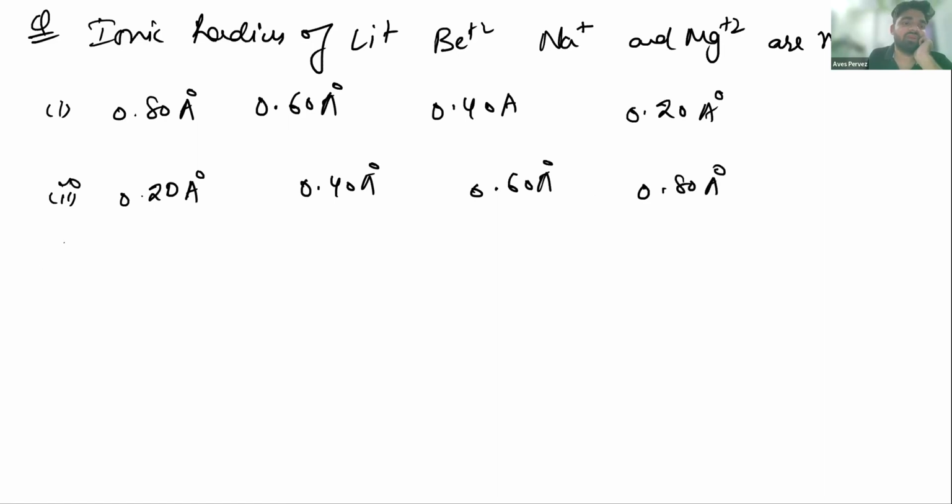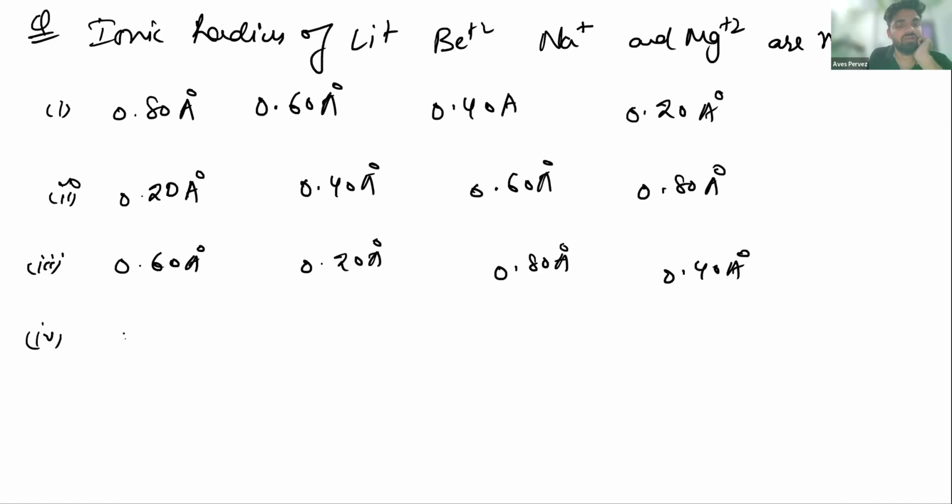The third option is 0.60 angstrom, then 0.20 angstrom, then 0.80 angstrom, and then 0.40 angstrom. The fourth option is 0.60 angstrom, 0.20 angstrom, 0.40 angstrom, 0.40 angstrom, and then 0.80 angstrom. Tell me the ionic radius of lithium, beryllium, respectively.